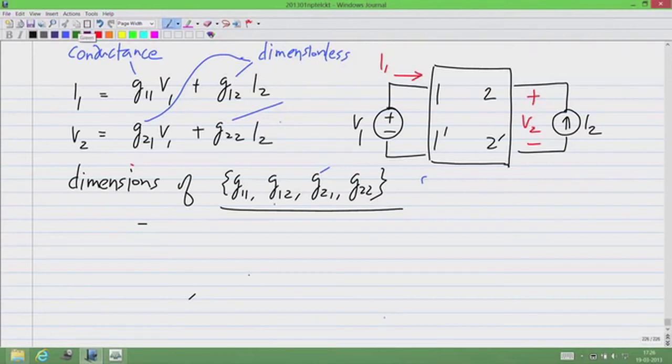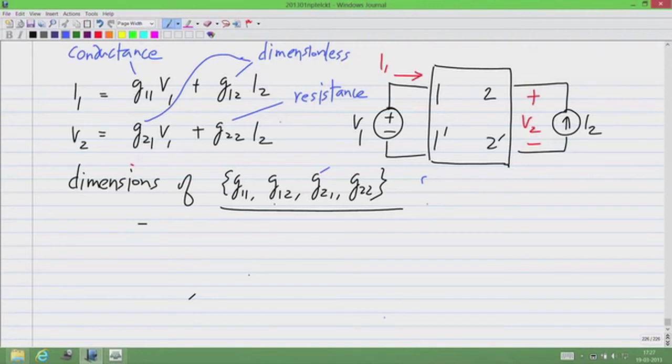G22 multiplies a current to give a voltage. So this has dimensions of resistance. Okay. So this is also a hybrid. You have conductance, resistance and dimensionless parameters. And in fact, they are the exact opposite of H parameters. So this is another set of hybrid parameters.